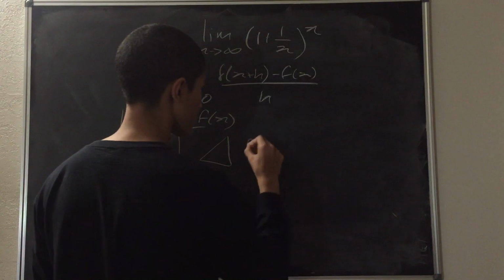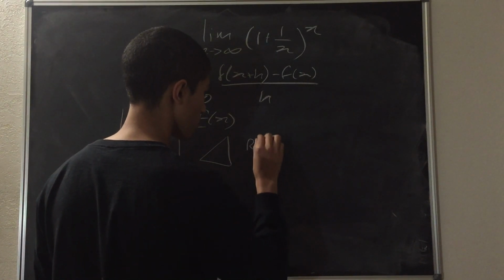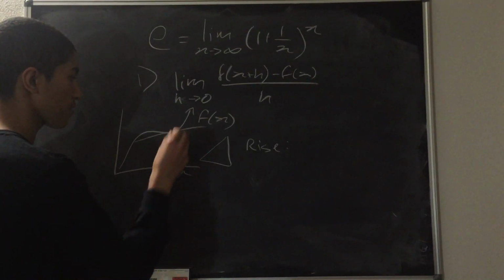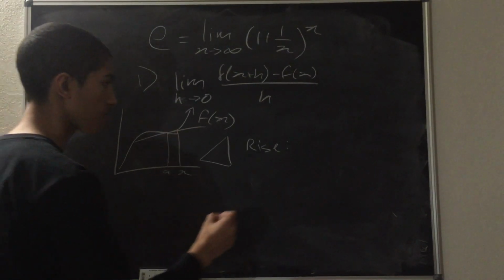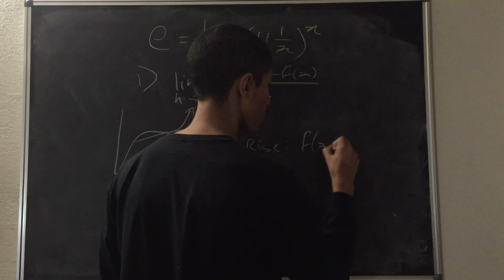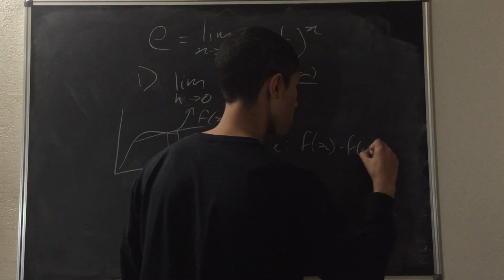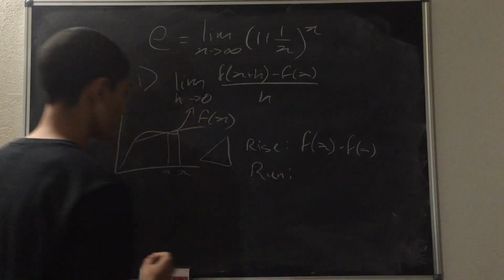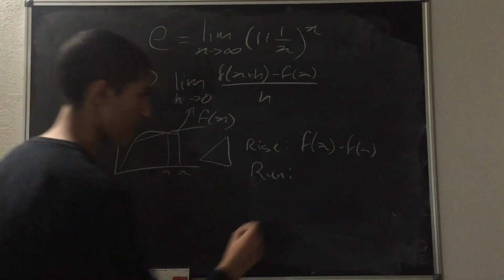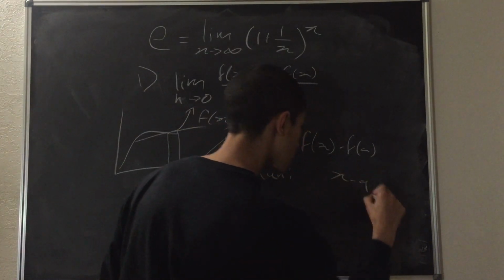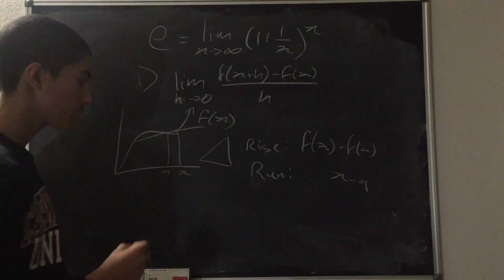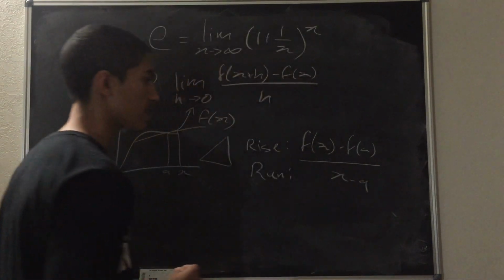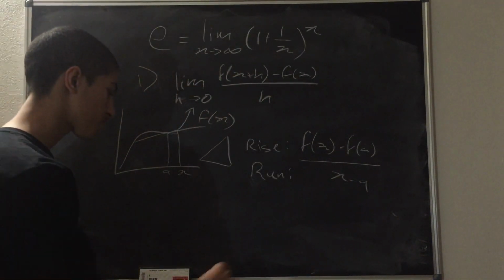So we have the rise, which is equal to f of x minus f of a. And then we have the run, which equals x minus a. To get the slope, you simply divide the rise by the run, and you get f of x minus f of a divided by x minus a.